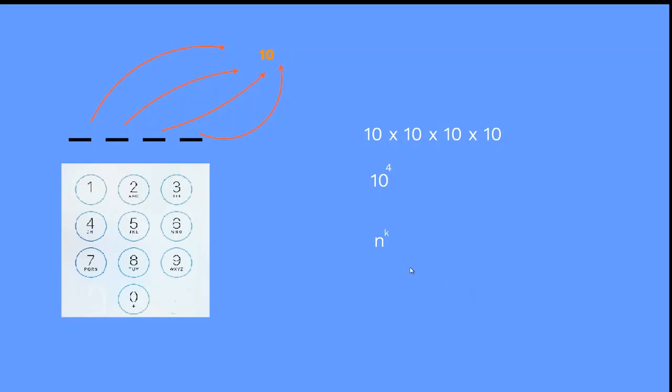I can write this as n to the power k. What I'm doing is, I am going to call the number of elements, the number of things with which we can play, the sample space.